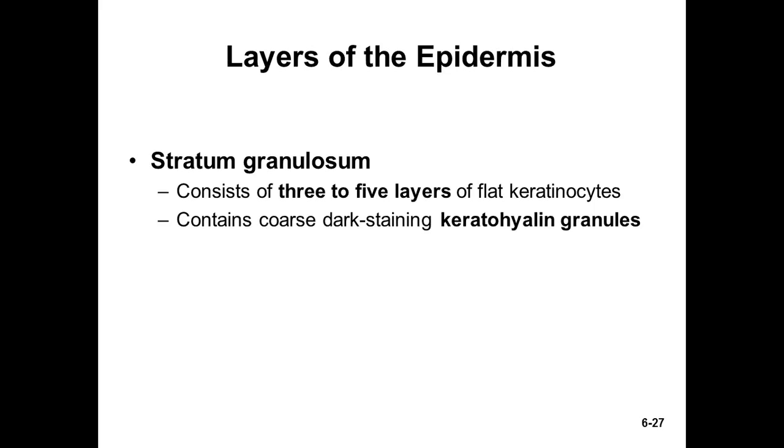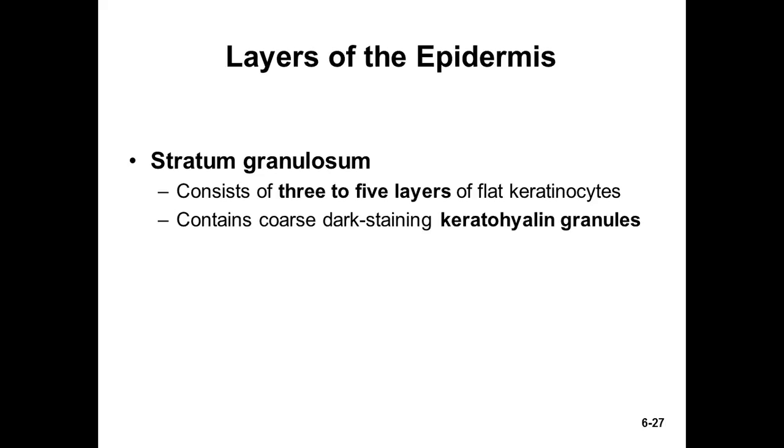The stratum granulosum, which is a layer up from your stratum spinosum, here you have those keratohyalin granules that make large amounts of keratin. Here the cells, as you can see, are even flatter, 3 to 5 layers of flat keratinocytes.